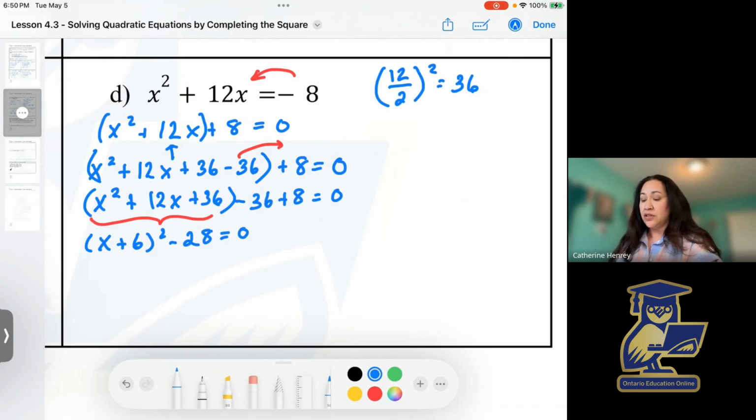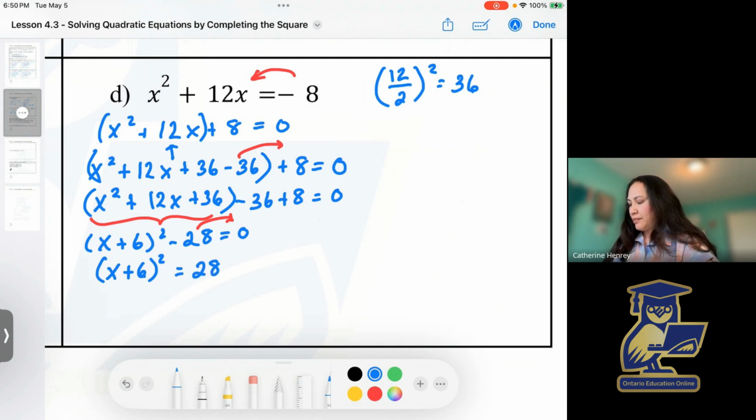Now that we have it in vertex form, we can start to manipulate it and solve for x. So let's move negative 28 back over to the other side. I'll have (x plus 6) squared equals positive 28. And then to undo squared, I have to take the square root of both sides.